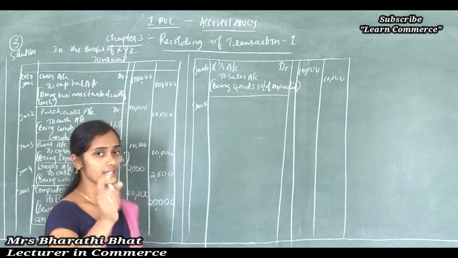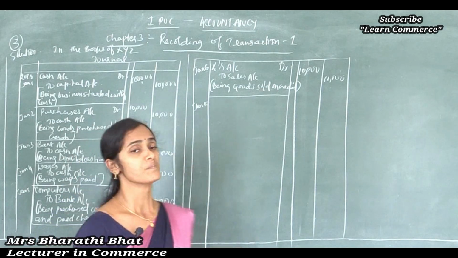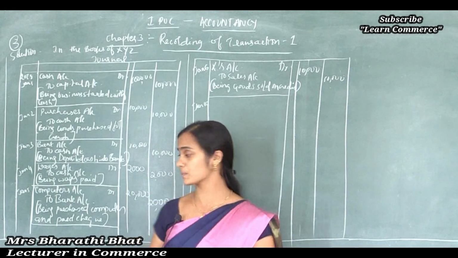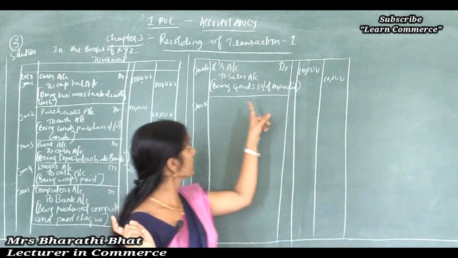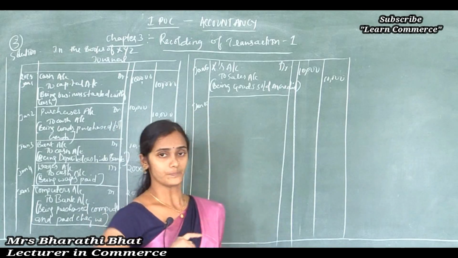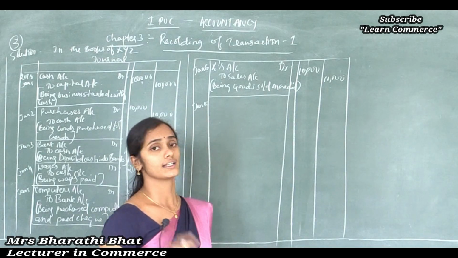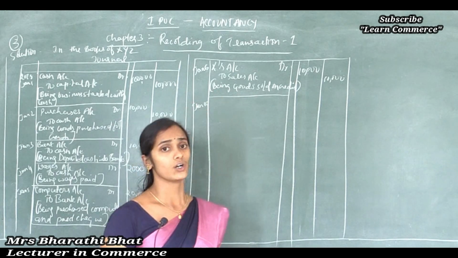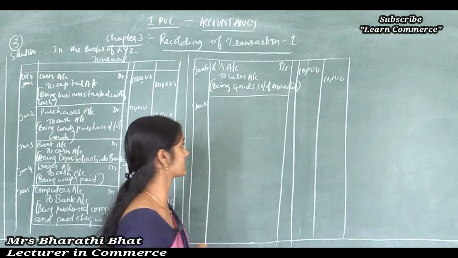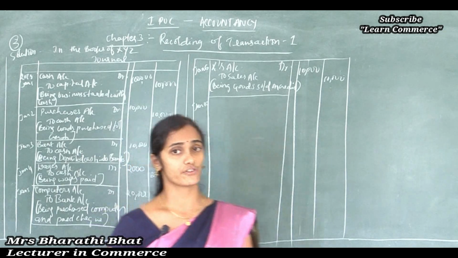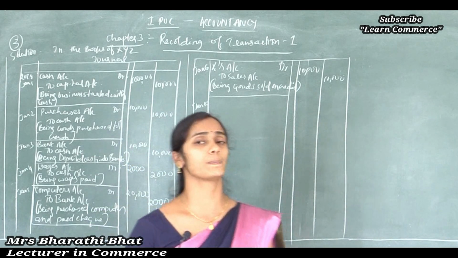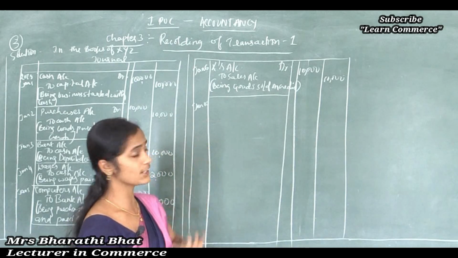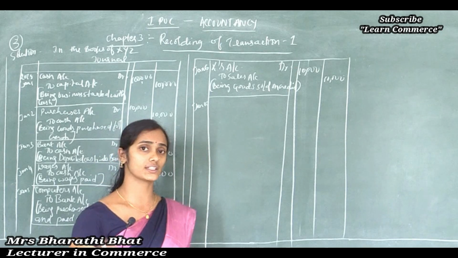Take the transaction related to cash paid or received from X, because here we sold goods to X and after a few days that firm received a check from X. So received cash from X and discount allowed rupees 100. Received cash 9,900 and allowed discount 100.